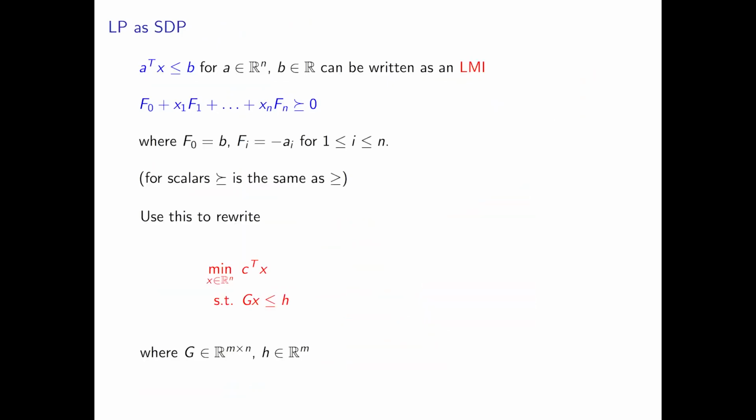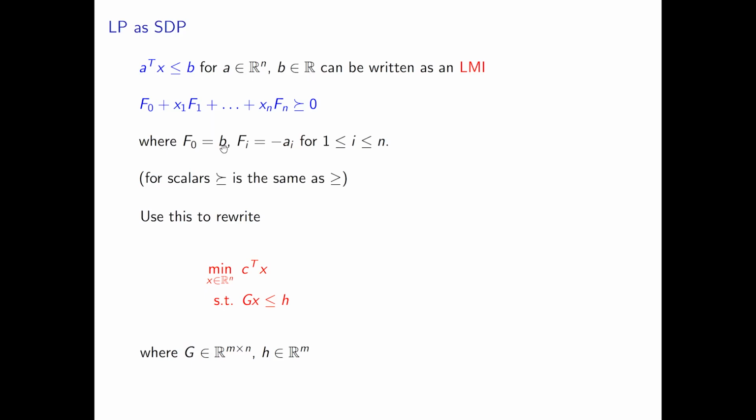So now we want to say some things about how this connects to what we know, and I'm getting close to the break point. Let me just run through these. So every linear program can be expressed as a semi-definite program, because the condition that A transpose x less than or equal to b can be written as a linear matrix inequality by just taking matrices as scalars, right? So I take my f0 to be b, which is just a real number, let's say.